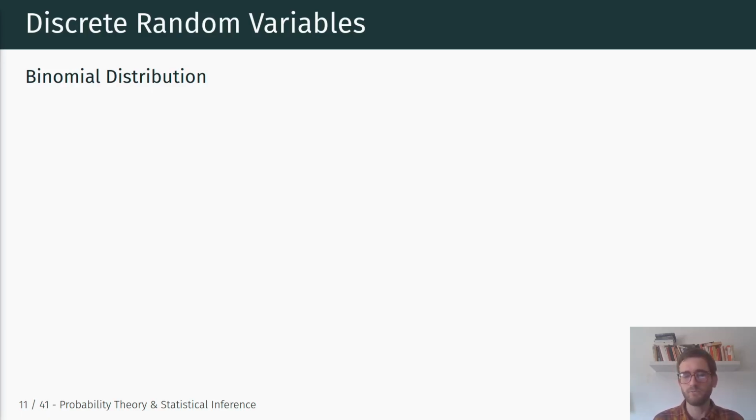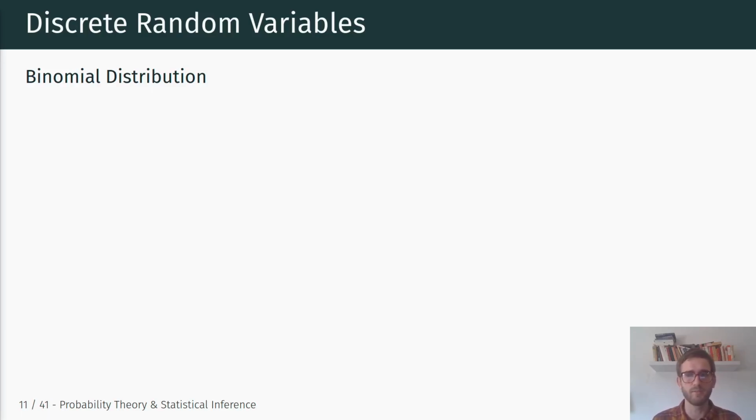The first example, for a discrete random variable, is the binomial distribution. As you may remember from last semester, the binomial distribution is a generalization of the Bernoulli distribution. The Bernoulli was just one coin flip, either heads or tails. Now, instead of flipping a single coin, we consider an experiment in which the same coin is flipped independently and multiple times.